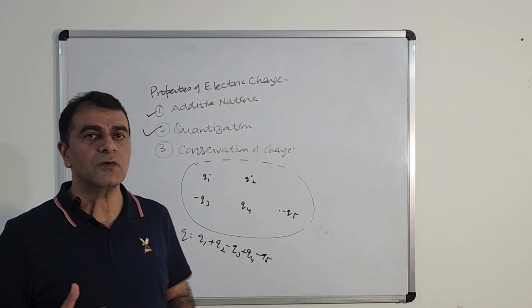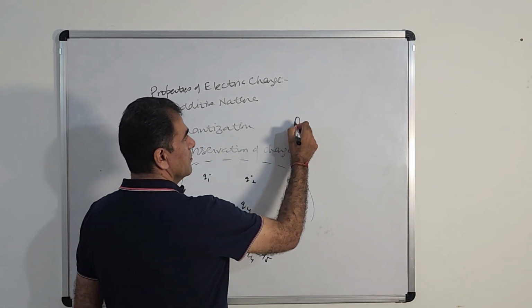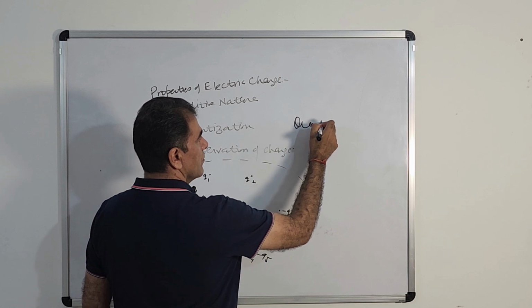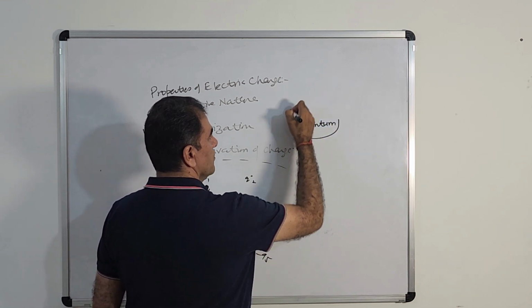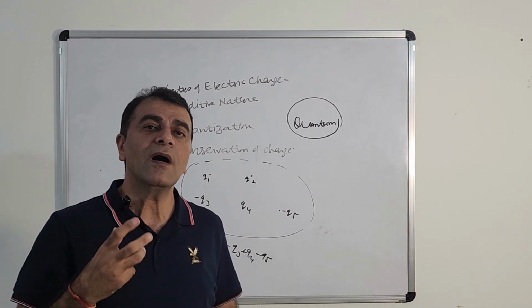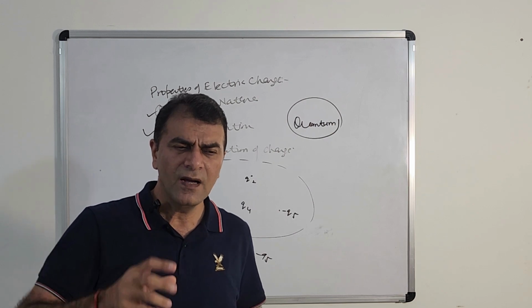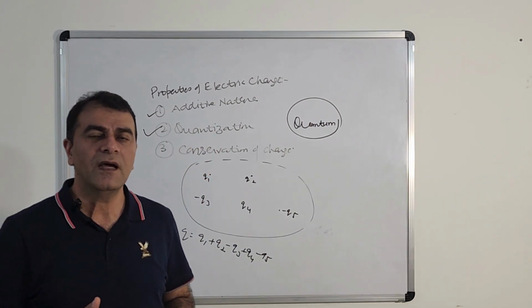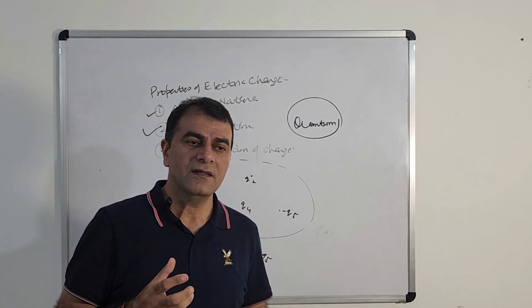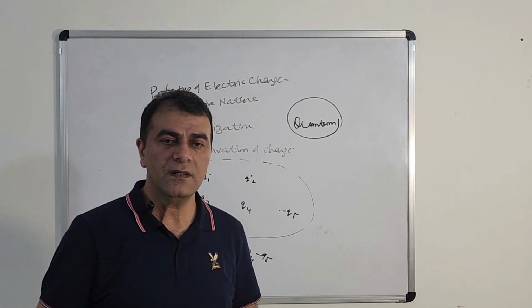Now to understand quantization, let us understand the word quantum. Quantum is the minimum amount by which a physical quantity can change. I will give you a simple example. Have you seen the construction of a building in your neighborhood?